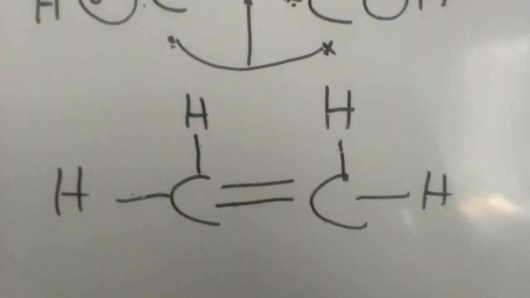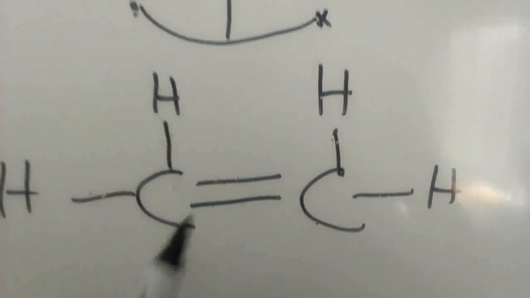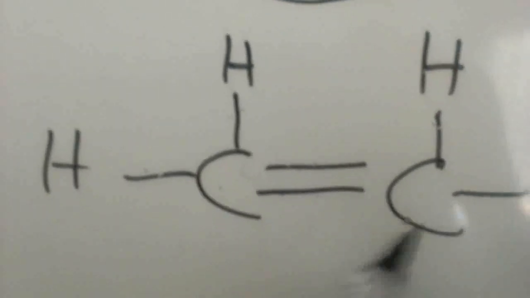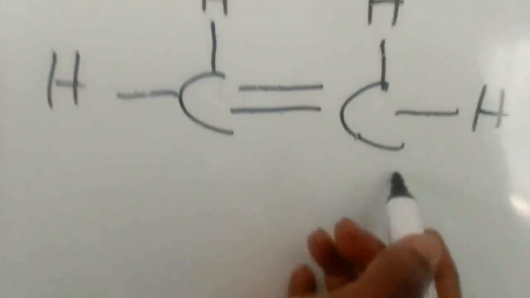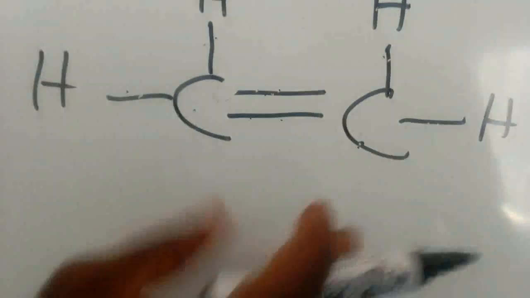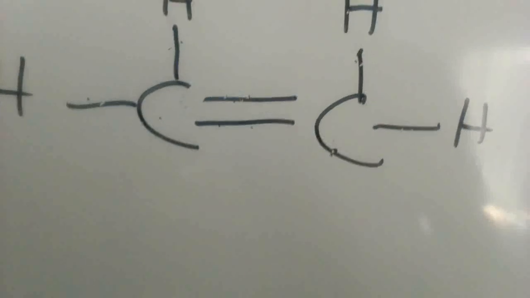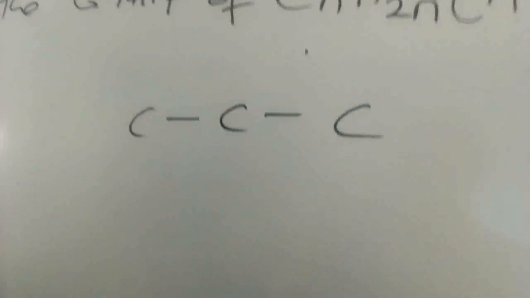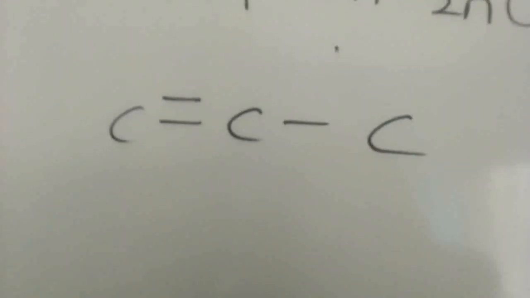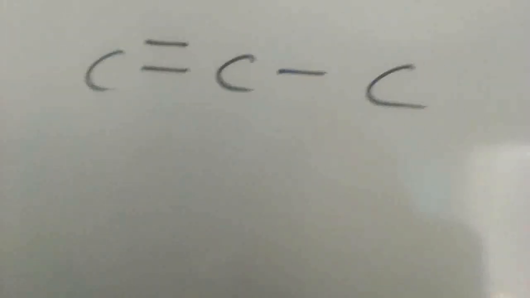We should also know that whenever we have a double bond between 2 carbon atoms, we have to remove 2 hydrogen atoms. Like here, at the double bond, 2 hydrogen atoms will be removed. The example is an alkene that has 3 carbon atoms. There will be a double bond somewhere, either here or there.